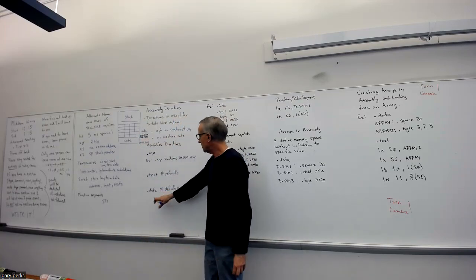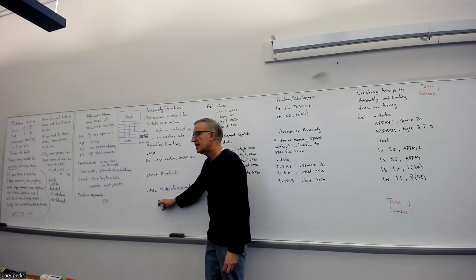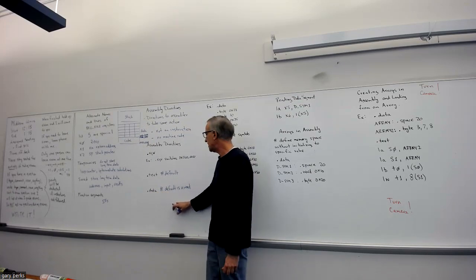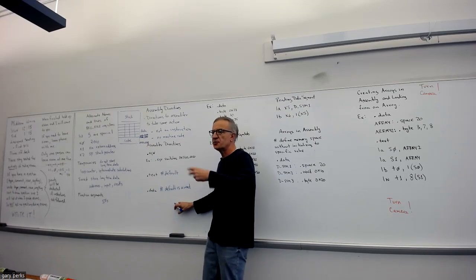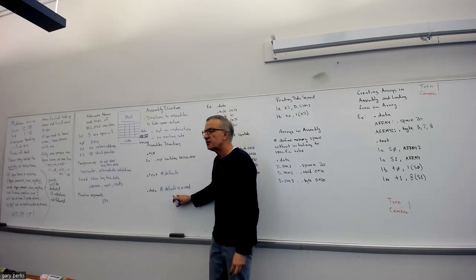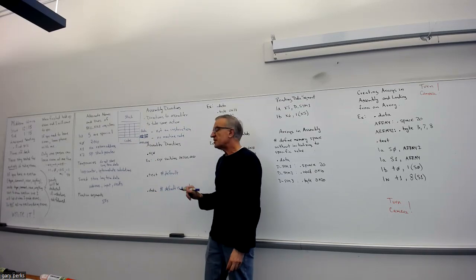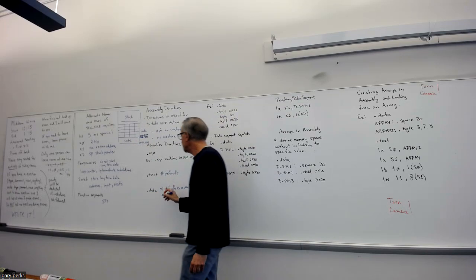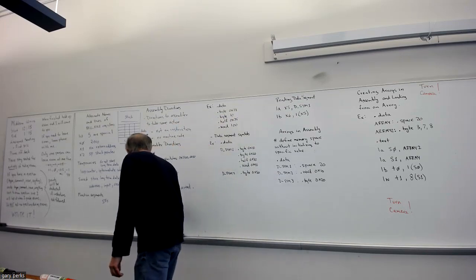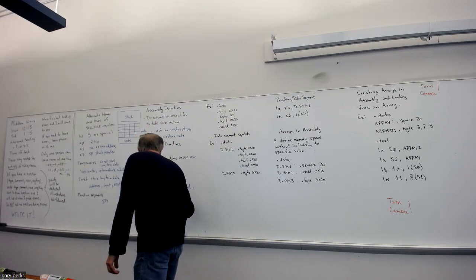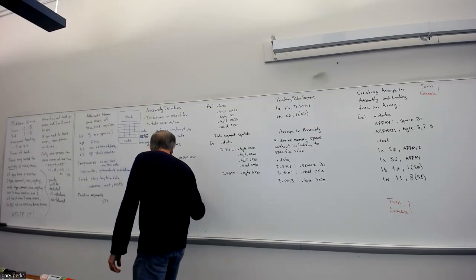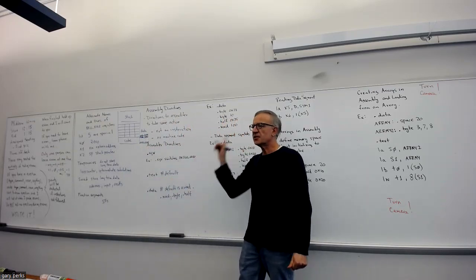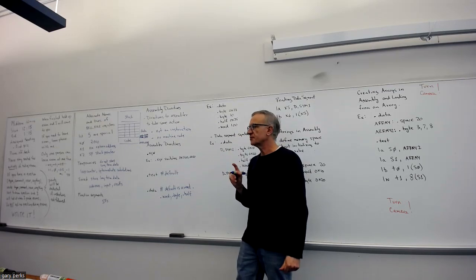So if you don't tell it how to treat that data, whether to treat it as a word, a byte, or a half word, it will default to a word. But if you want to specify, you can do it by putting after dot data either dot word, or dot byte, or dot half. And we're going to do some examples coming up.